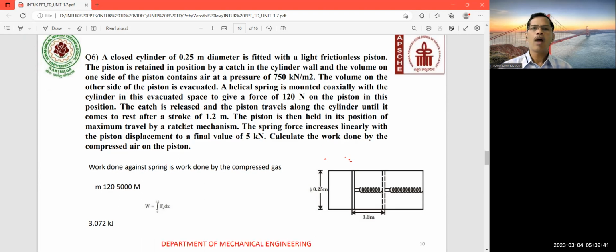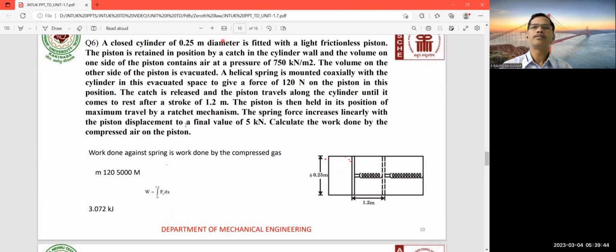Here you have to make the calculations in such a way that first of all you calculate the mean force.